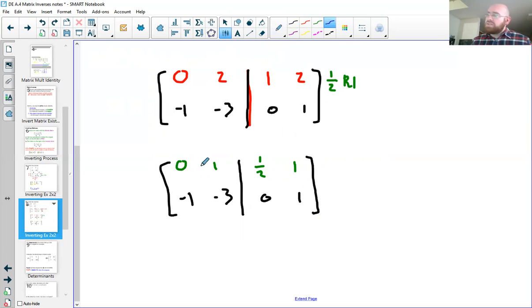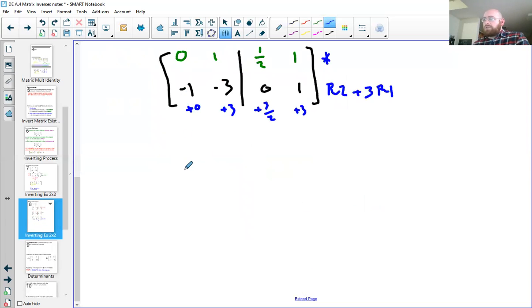And now I can use this 1 in the second position to cancel out the 3. So my pivot, the one that's not changing, is again row 1. And row 2, I'm going to add 3 copies of row 1. So that's plus 0 in the first spot, plus 3 in the second spot, plus 3 over 2 in the third, and then plus 3 in the fourth.